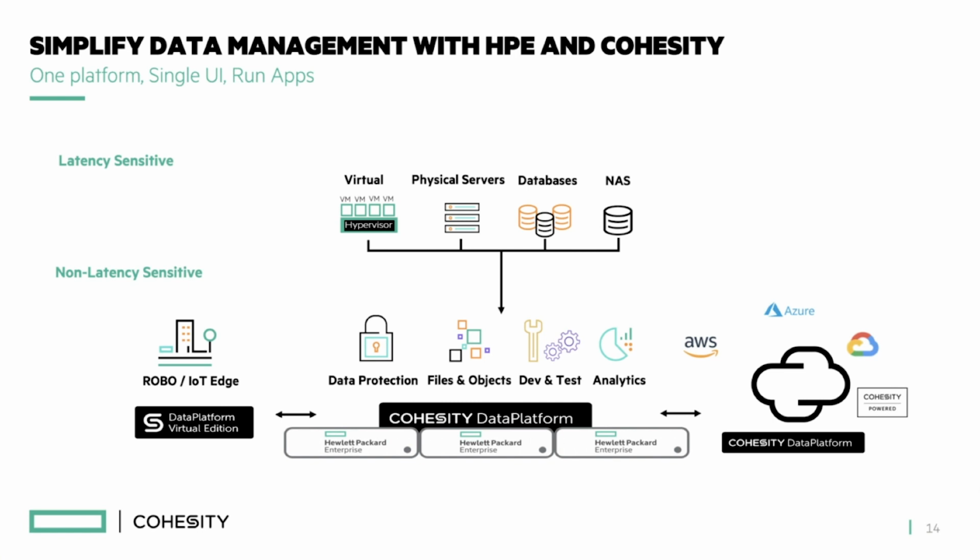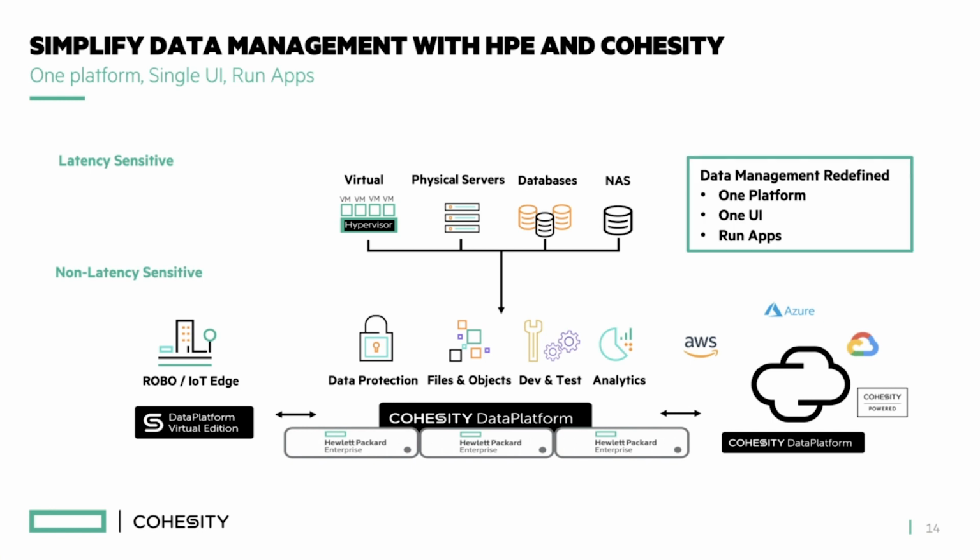We back up all of this data onto the Cohesity data platform and across the use cases of data protection, file and object, archival, dev test, and analytics, and this is what we call non-latency sensitive data.